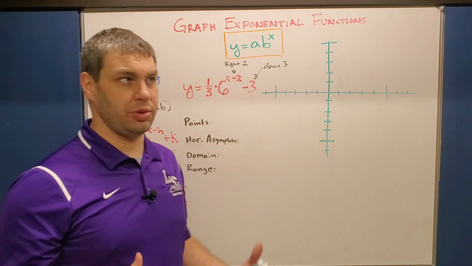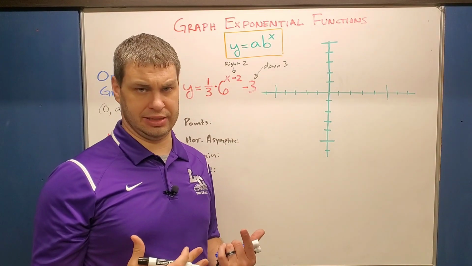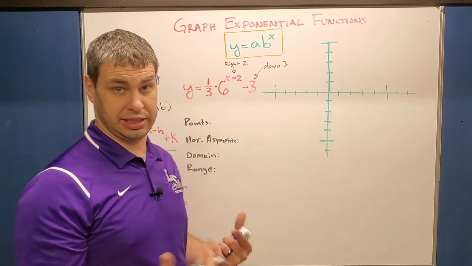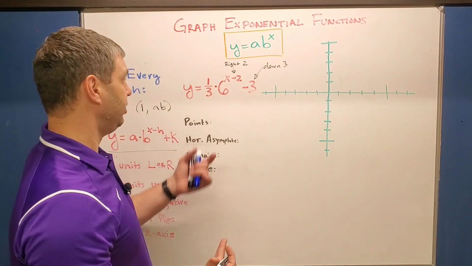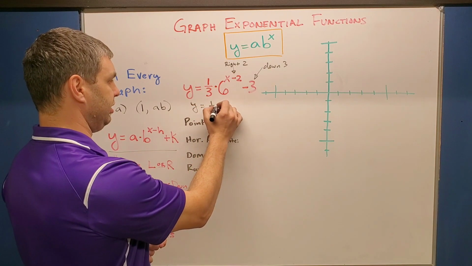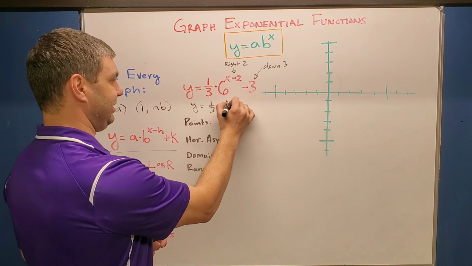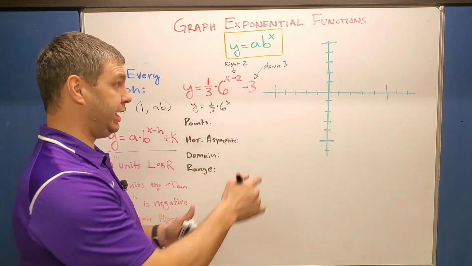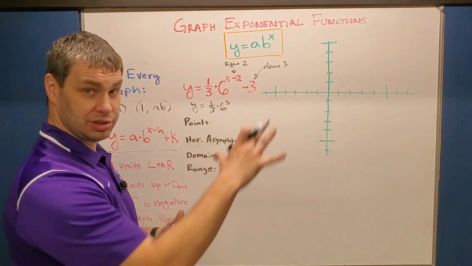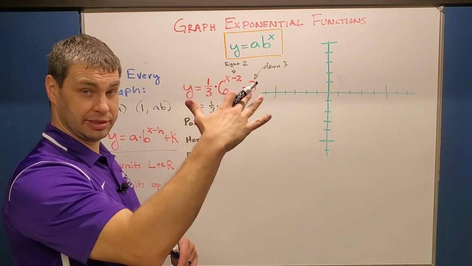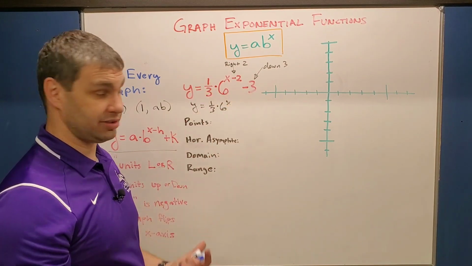What I like to do when I graph these is take away the h and the k and graph it normally, like we did in the first two problems. So for ours, y equals 1/3 times 6 to the x. Just graph that, and then after I graph those 2 points, apply this 2 and 3 to that graph and do the shifting, and then draw my new either exponential growth or exponential decay based off of that.